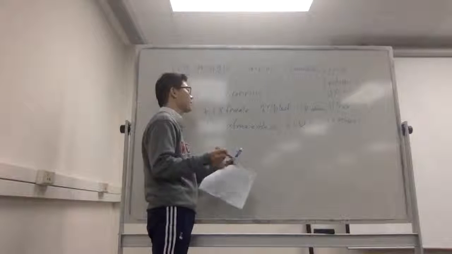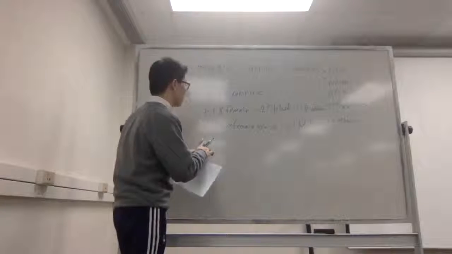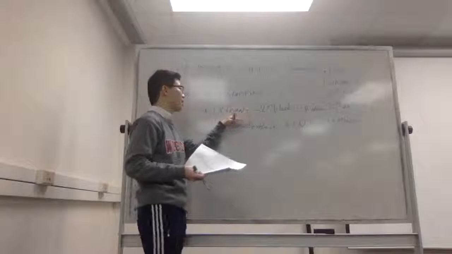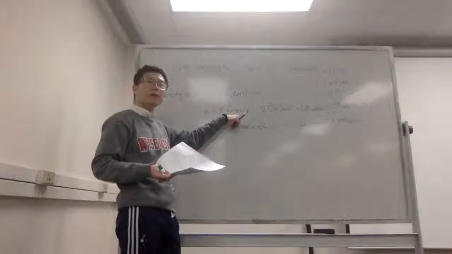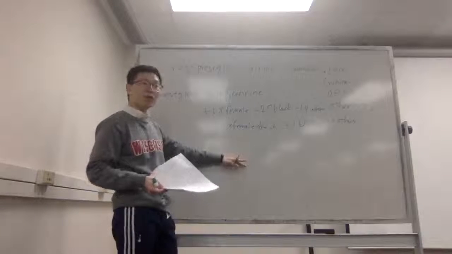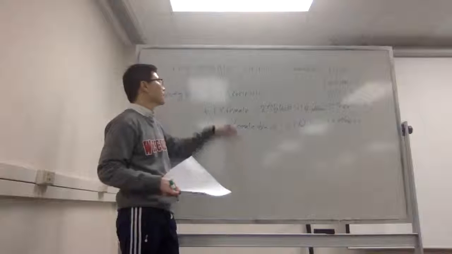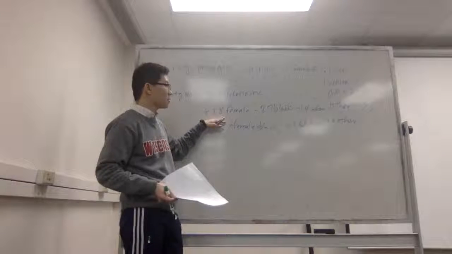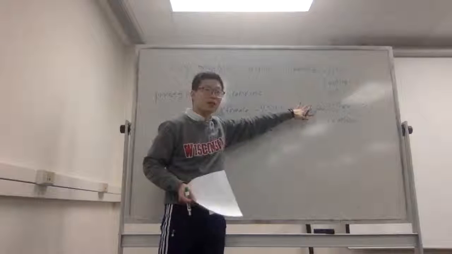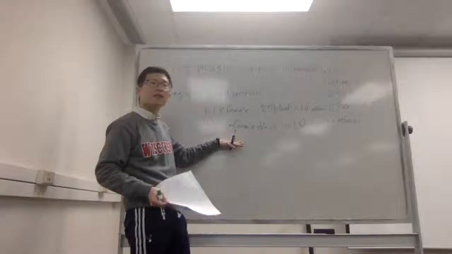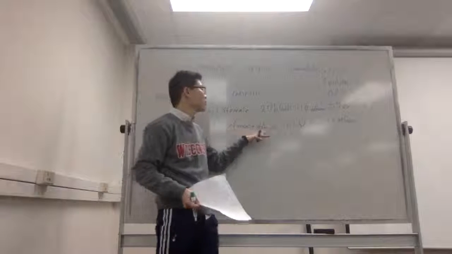So if someone's race is white, then the effect of female compared to white male is 1.8. Right? We are assuming white, so these will be zeros.